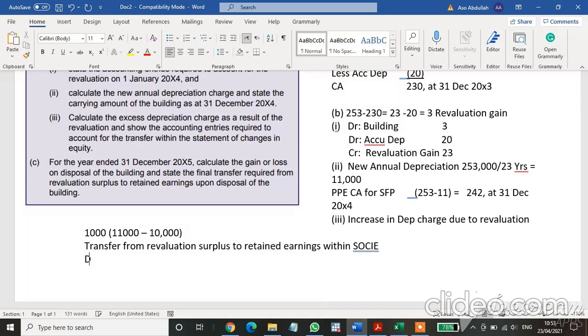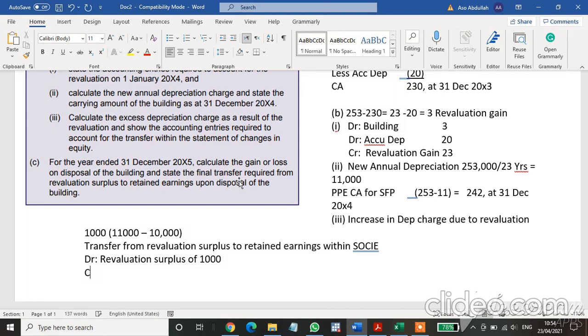We debit revaluation surplus of 1,000 pounds.